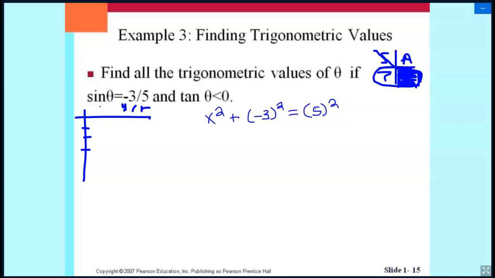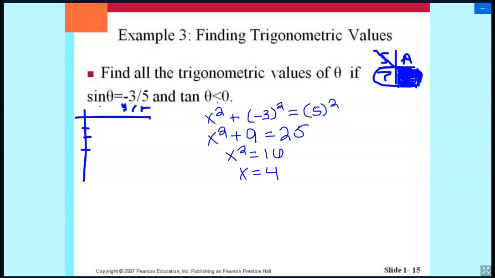So we get 3 squared, which is 9. So you get x squared plus 9 equals 25. Subtract 9 from both sides, and we get 16. So what that means is x is equal to 4. And I know that since the tangent is negative and sine is negative, cosine is positive.